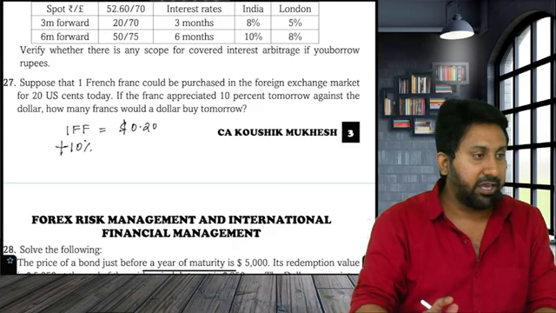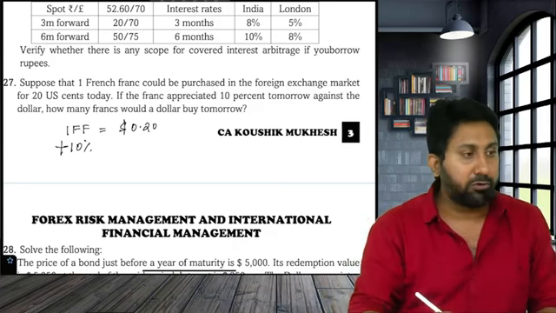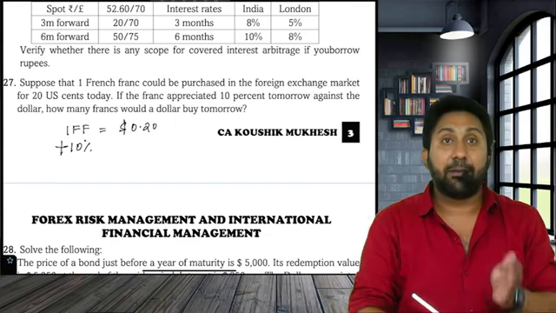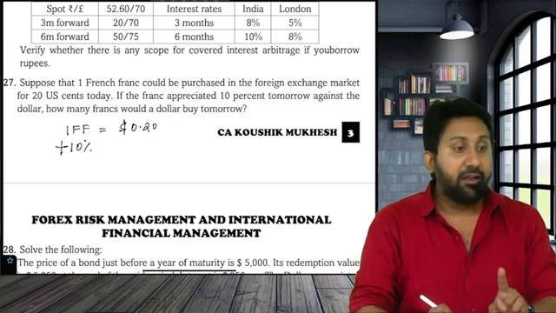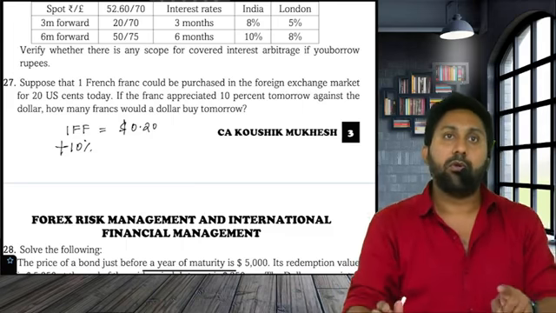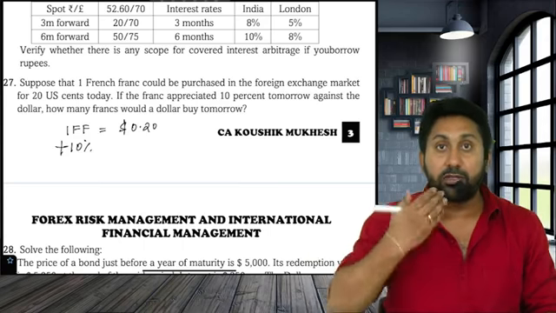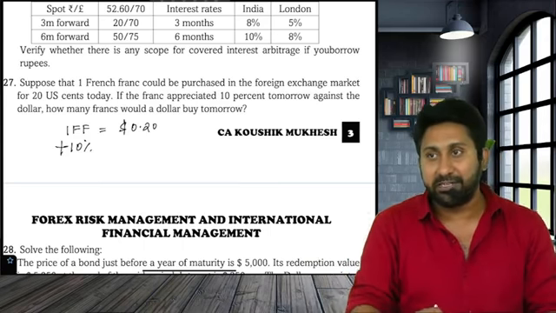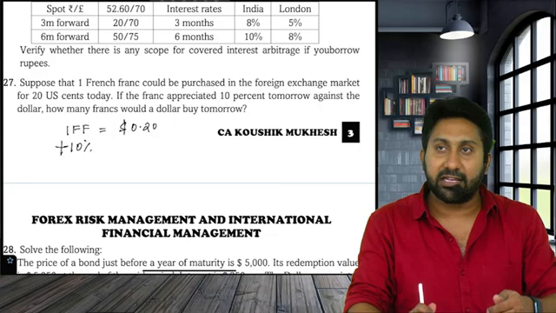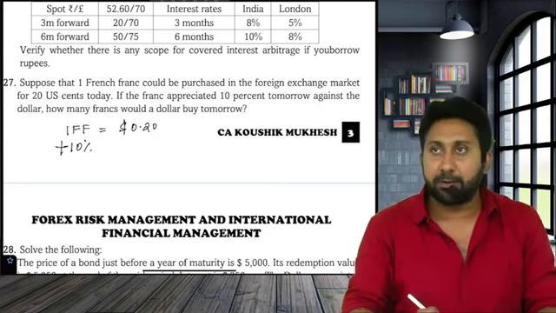Means what? 1 franc equals $0.2. Franc appreciated means today with 1 franc I can buy only $0.2. Tomorrow 1 French franc will not give just 0.2, it will give more than 0.2. Then only we will call it an appreciation, that the French franc has made an appreciation of 10%.